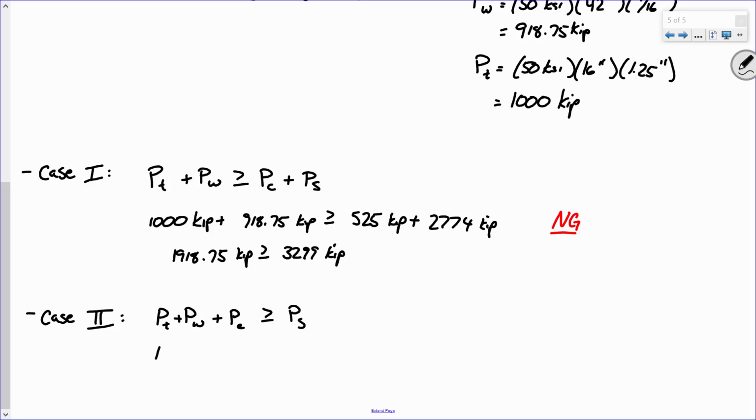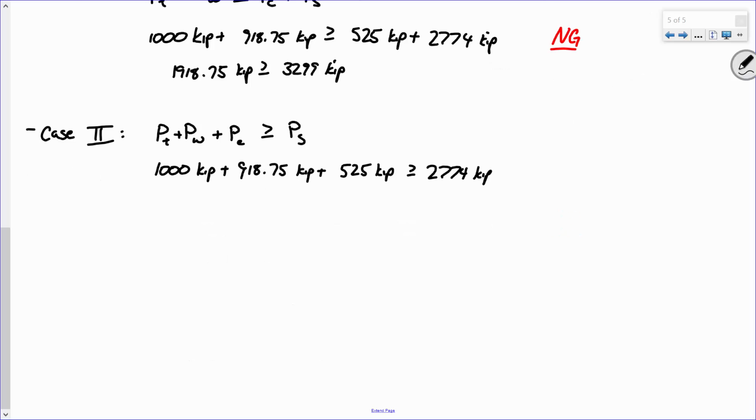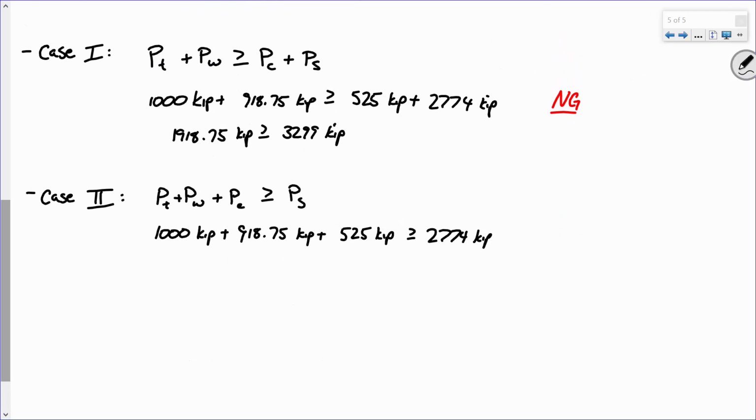All right, 1,000 kips plus 918.75 plus 525 has to be greater than or equal to, all right. So what do we have here on the left side?